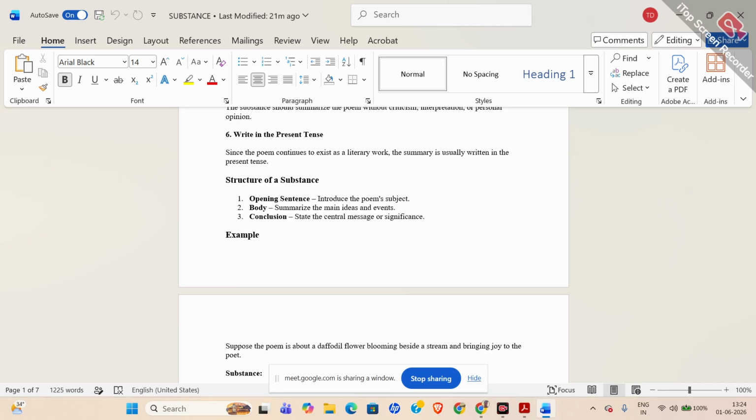Summarize the main ideas and events. মেন আইডিয়া যেগুলো দেয়া হয়েছে এখানে কবিতাতে সেগুলো ছোট করে লিখবে, আর লাস্টে কনক্লুশনে চলে আসবে। State the central message or significance.